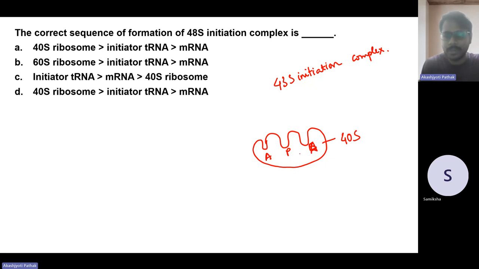So the 40S small subunit of ribosome, the initiator tRNA, which is bound to methionine, and then eIF2.